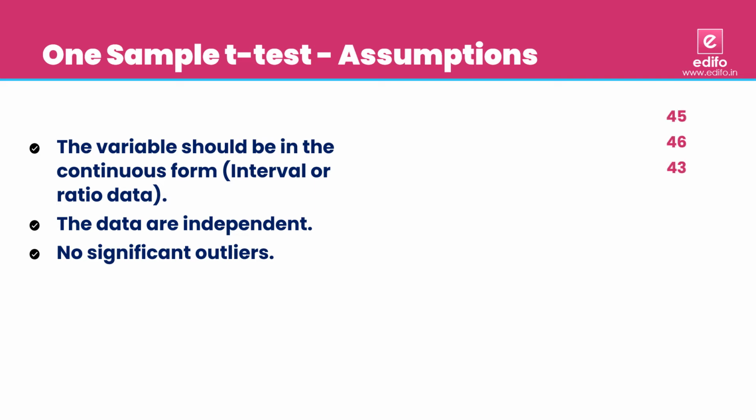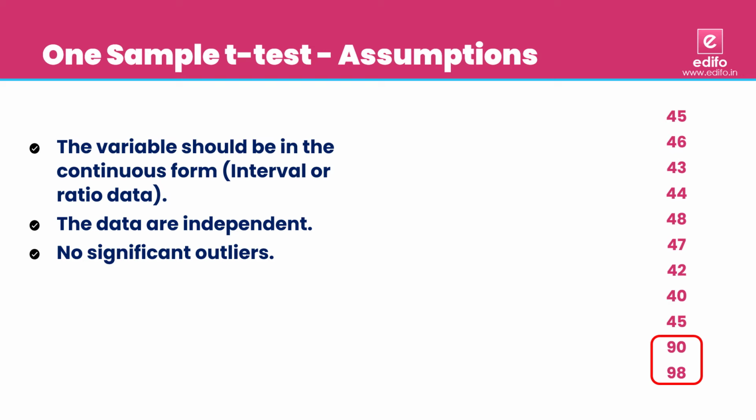Here you just check the data: 45, 46, 43, 44, 48, 47, 42, 40, 45, 90, 98. These are some data that I have collected. Suppose age of some people. Here, the last two data, 90 and 98, are far different from other data.